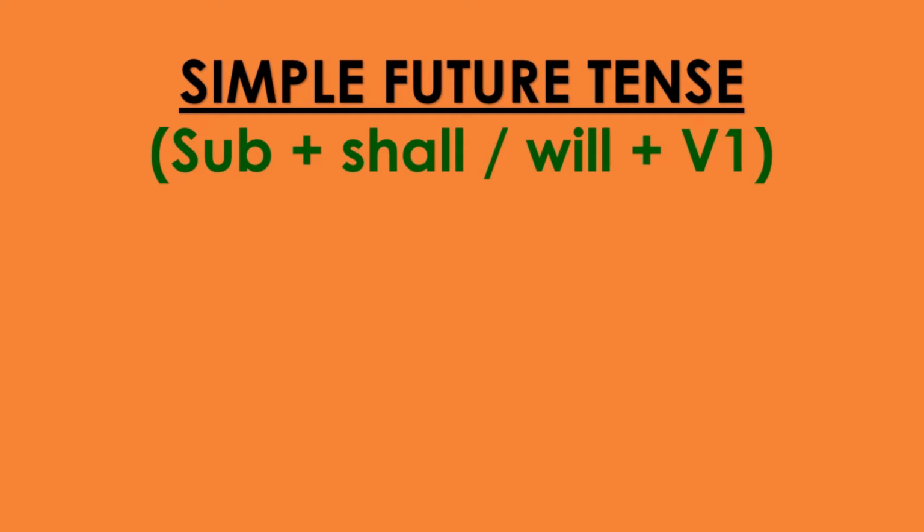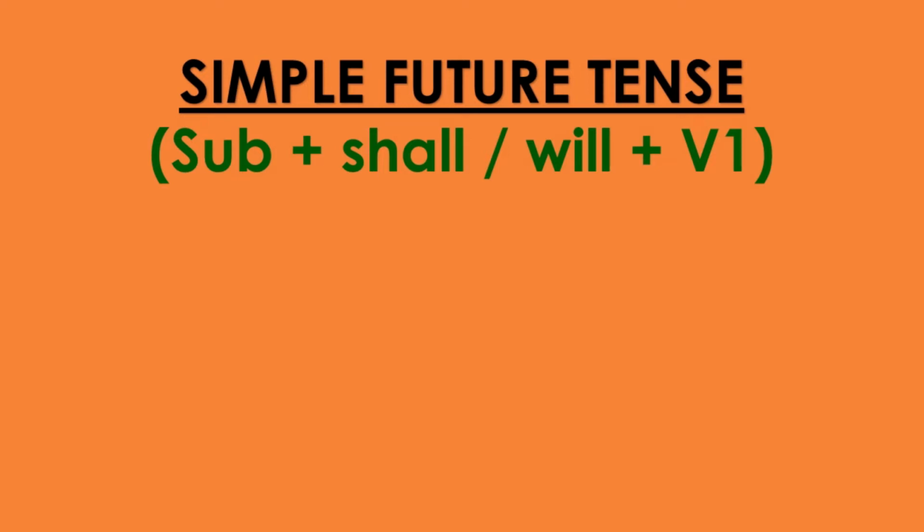The first form of the future tense is the simple future tense. Now, how do we define a simple future tense? It is used to show an action yet to take place.